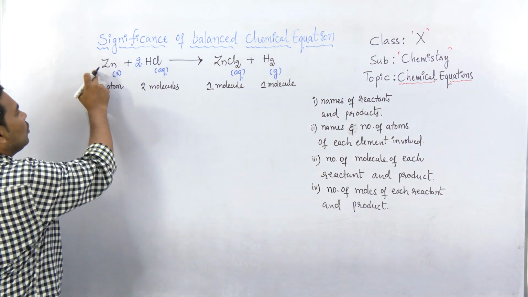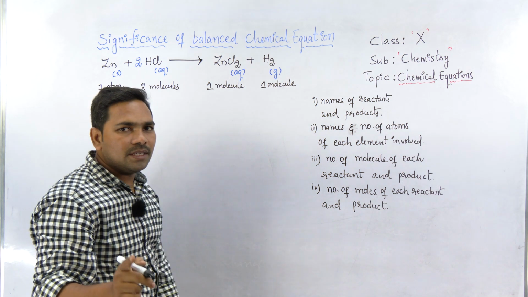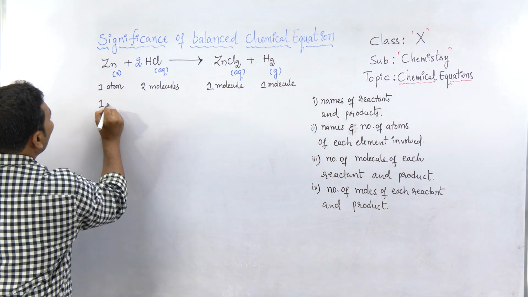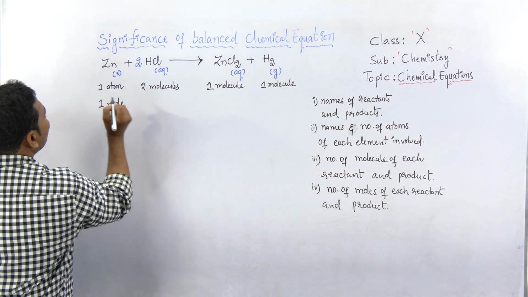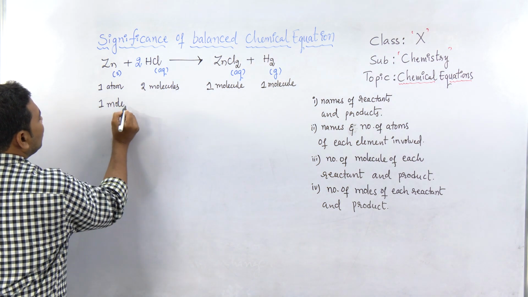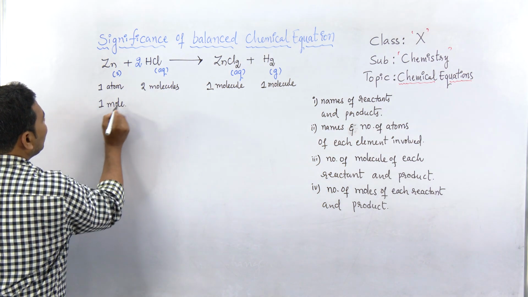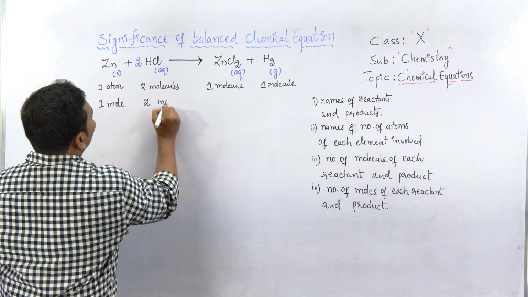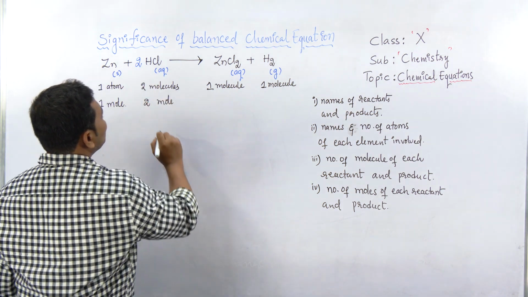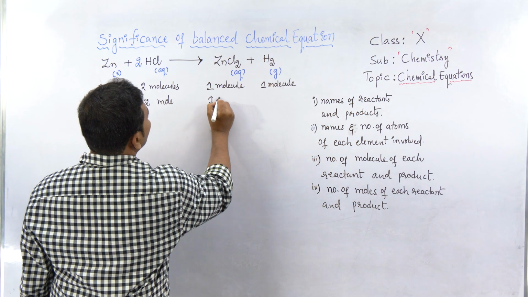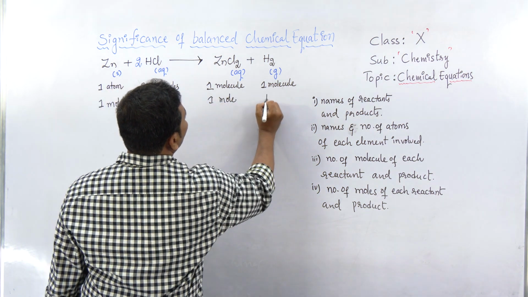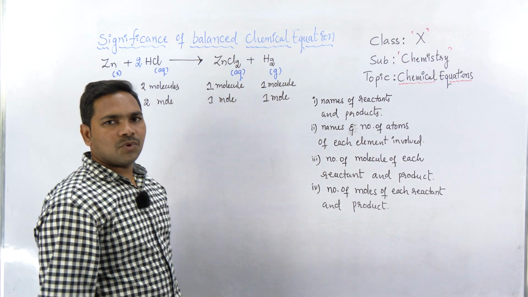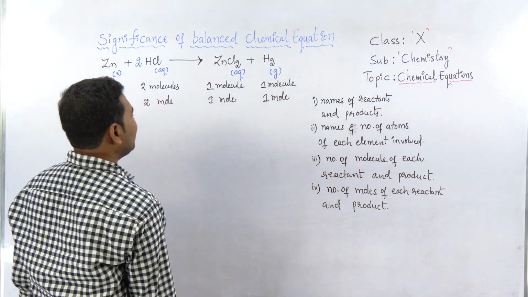This zinc, the coefficient is 1 here, which means it is 1 atom, or we can also write it as 1 mole of substance, or we can write it represents 1 mole zinc, and this is 2 moles HCl, then it is 1 mole zinc chloride, and this is 1 mole hydrogen, right? We understand the number of moles.